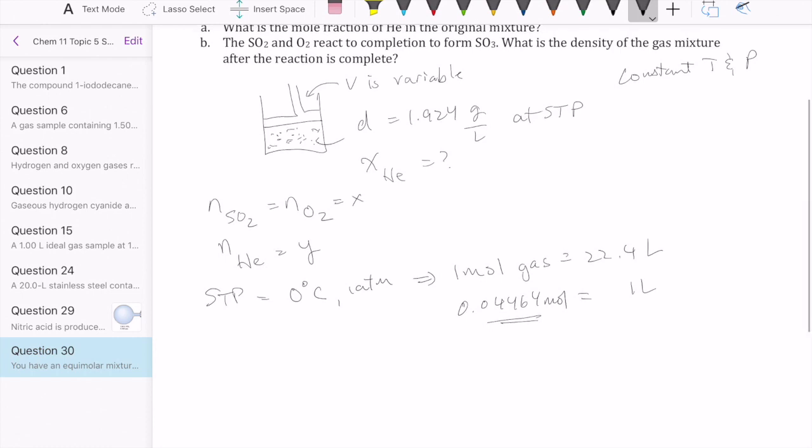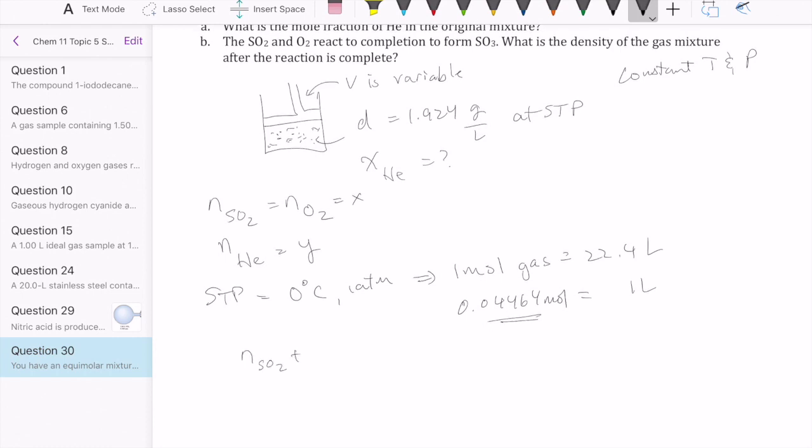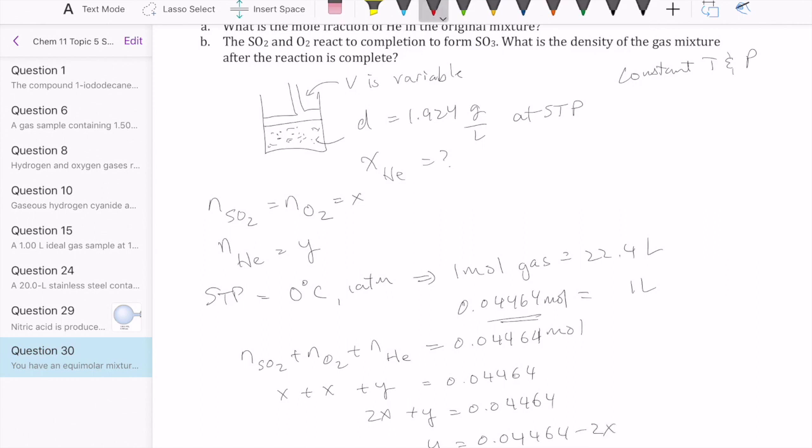So the first equation we can set up is number of moles of SO2 plus number of moles of O2 plus number of moles of helium is equal to 0.04464 moles. Now we can change this to our variables, so that's just 2X plus Y equals this, which means Y is equal to 0.04464 minus 2X. So that's our first equation.